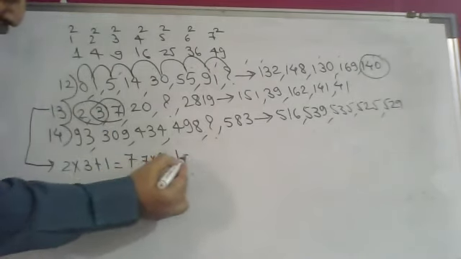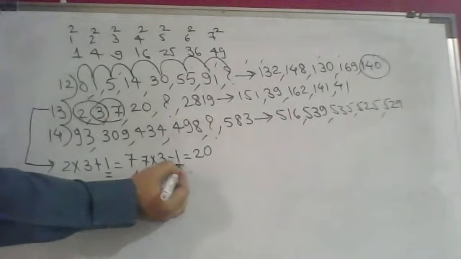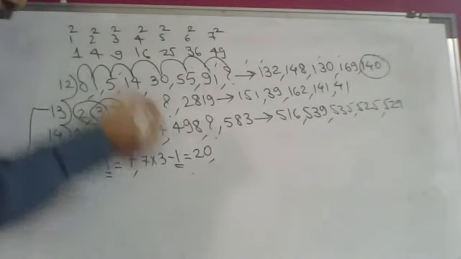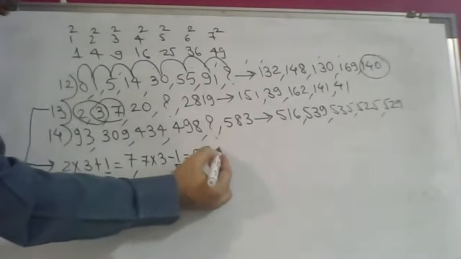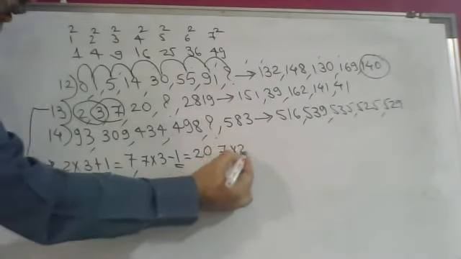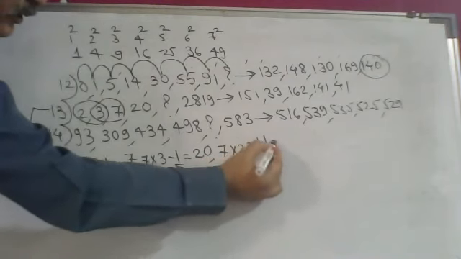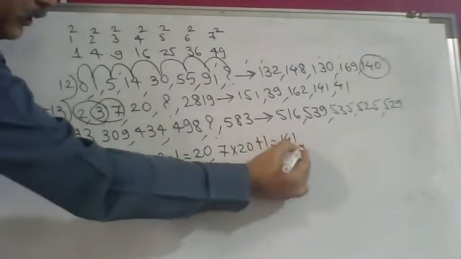Minus 1 is 20. Now what you will do? Plus 1, minus 1, and then again plus 1. 20 into 7 plus 1 is 141.